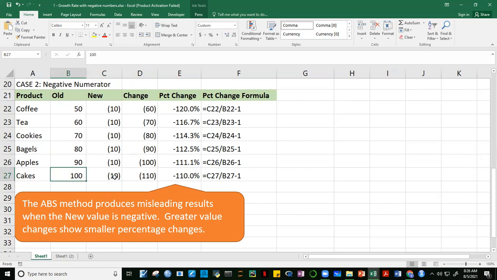Ito from 100 to negative 10, ang decrease niya 110. Okay, pero kung titingnan natin percentage change, again, bakit mas malaking percentage change ng mas maliit lang yung change? Ito 60 lang yung binaba niya eh. Ito 110. And yet the percentage change is greater here, 120, ito 110.